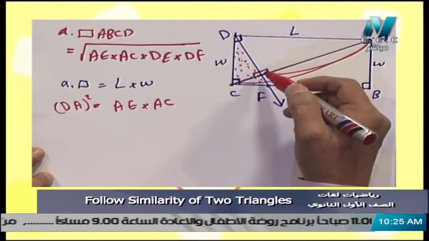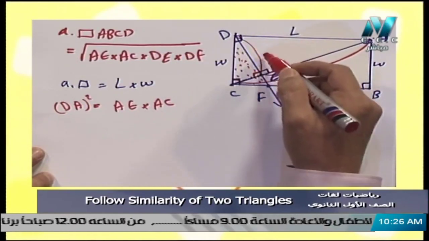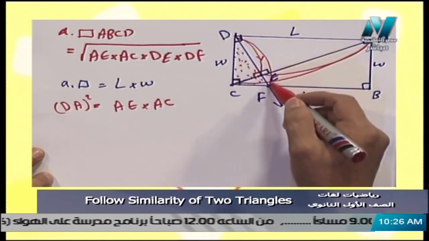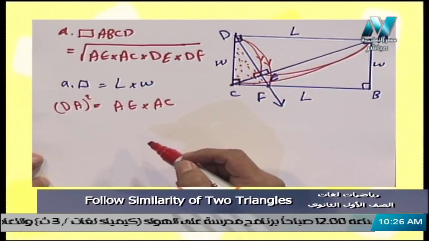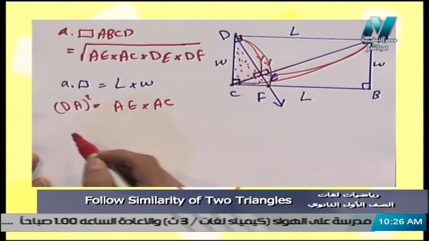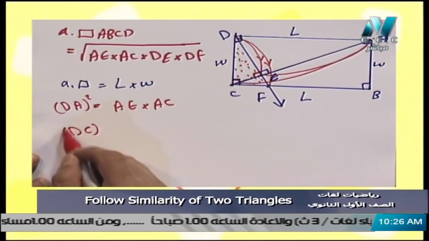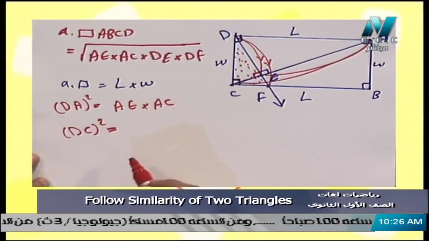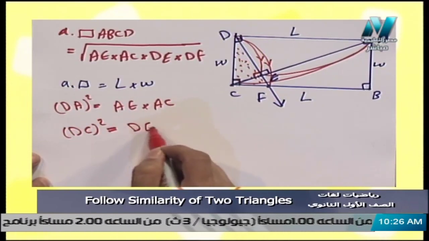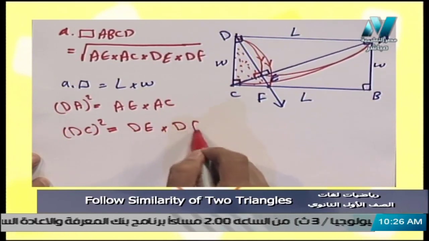Equal DE multiplied by DF. So we can say DC power 2 equals DE multiplied by DF.